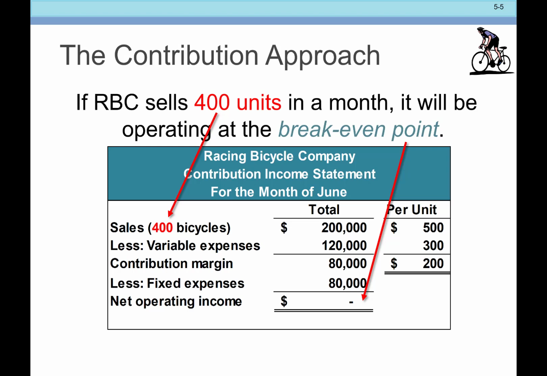If we're selling 400 bikes, that's 120,000. Gives me contribution margin of 80, and if my fixed costs are 80, did I break even? Okay. All right. So that's how you compute contribution break even in units, by using that contribution margin.